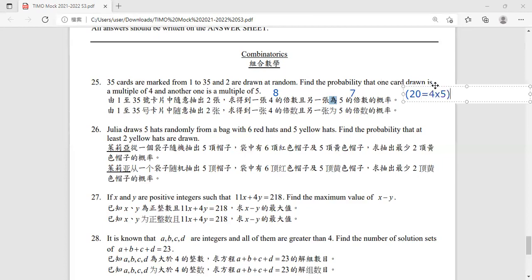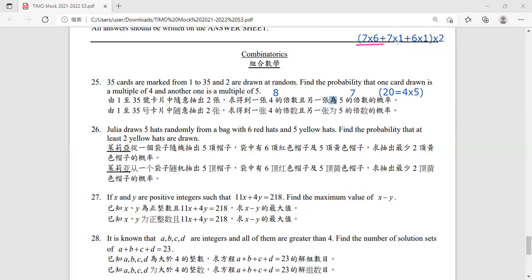So you have to consider the case where we have drawn the card 20. So the total probability will be 7 times 6, because of the multiples of 4 and 5, plus 7 times 1, plus 6 times 1, and then multiply by 2.